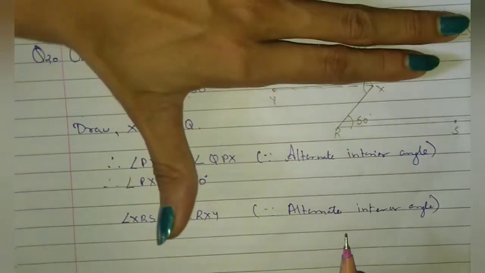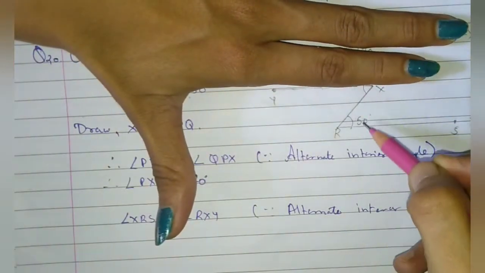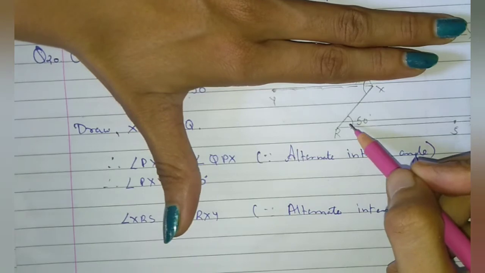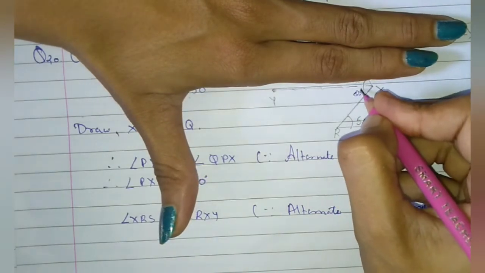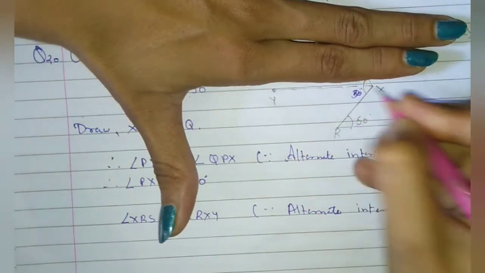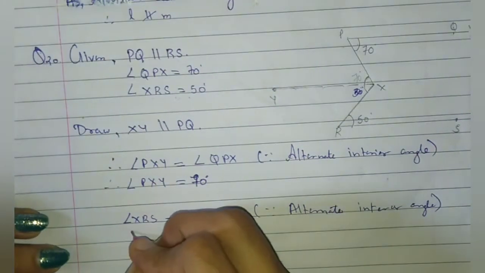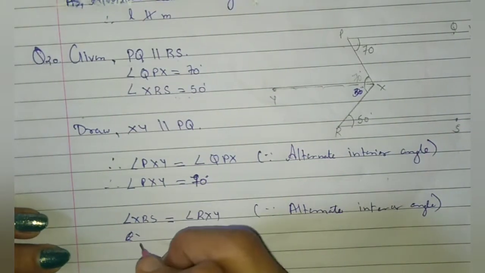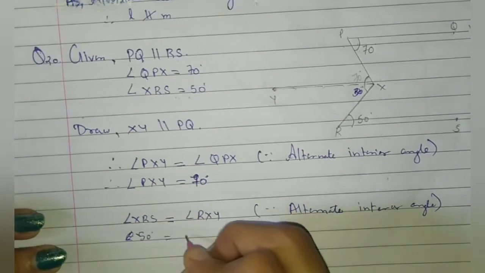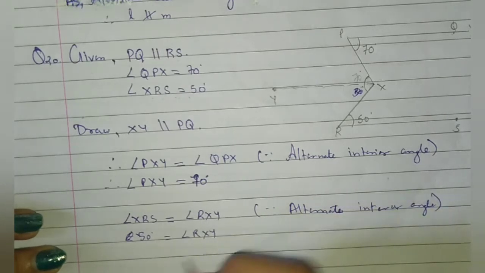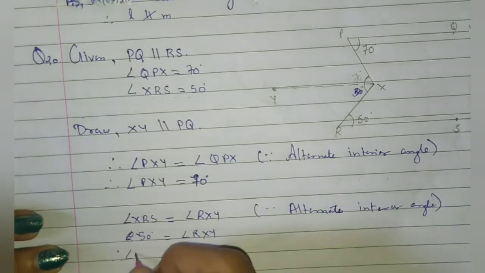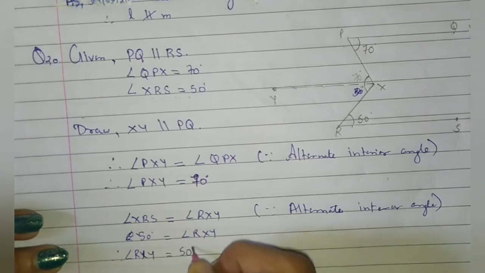See, now this way we can see this is also alternate interior angle. So if this is 50, this is also 50. So XRS is 50 degree equal to RXY. Therefore RXY equal to 50 degree.